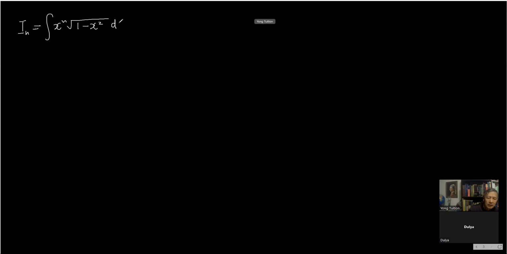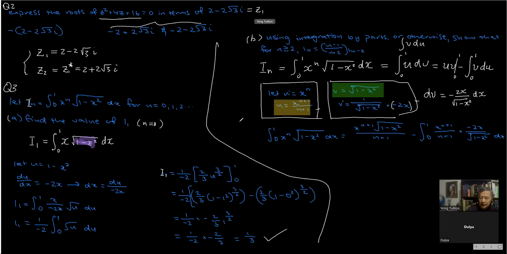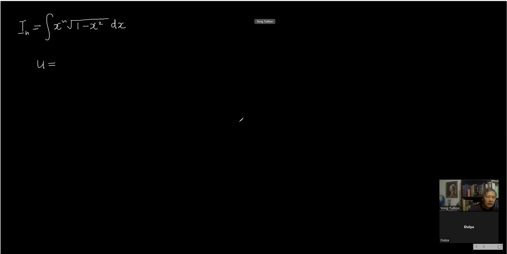So this is dx, right? So you suppose u equal to... can you go back to what your idea is? So u dash equal to, the first part you represented by the first derivative, right?